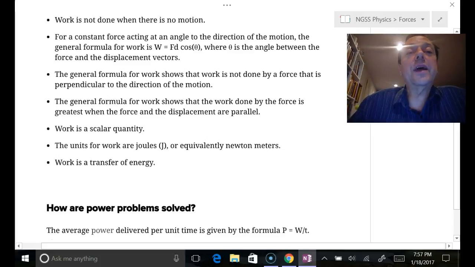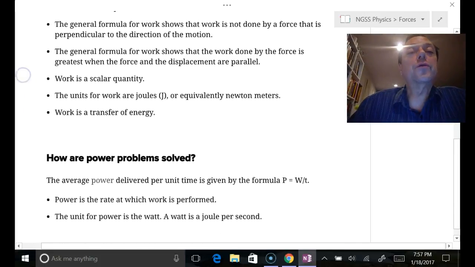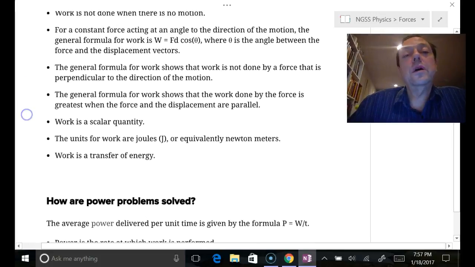For a constant force acting at an angle to the direction of the motion, the general formula for work is force times distance times the cosine of the angle between the force and the displacement vectors, where theta is the angle between the force and the displacement vectors. The general formula for work shows that work is not done by a force that is perpendicular to the direction of the motion.